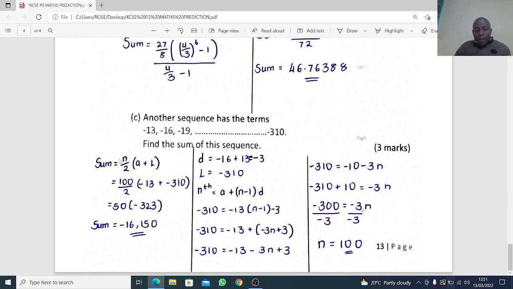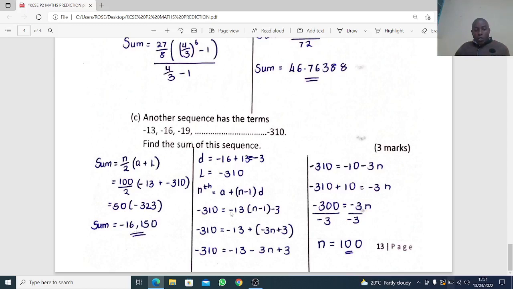So our number of terms is 100, over 2, into the first term, negative 13, plus the last term, negative 310. If we add negative 13 minus 310, it gives you negative 323, times 50. So it gives you negative 16,150 as the sum.